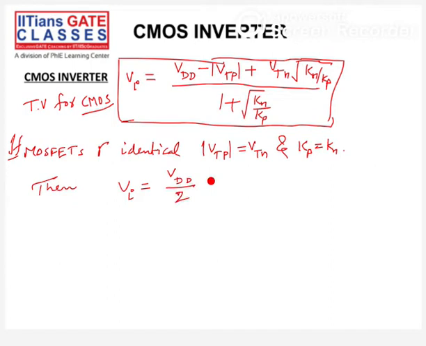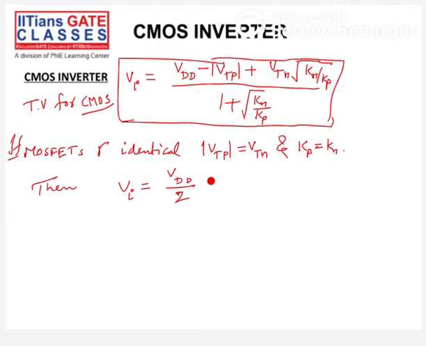So these two transistors, they will be operated in the saturation when Vi is equal to VDD by 2, and these two should be identical. If there is a change, then we have Vi something else. It will be either greater or less than this VDD by 2. So little changes will be there.